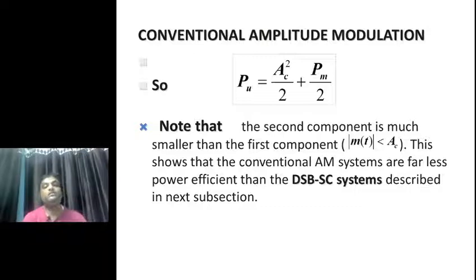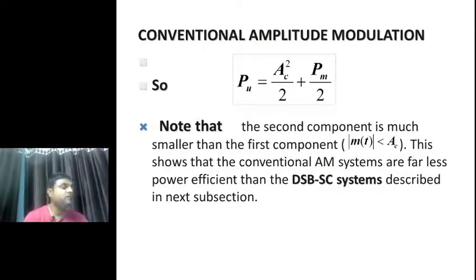This shows that conventional AM systems are far less power efficient than double sideband suppressed carrier systems. Conventional AM consists of the carrier signal and the modulated signal. Basically the carrier is not of any use, so it is a wastage. So Ac square upon 2 is wasted.